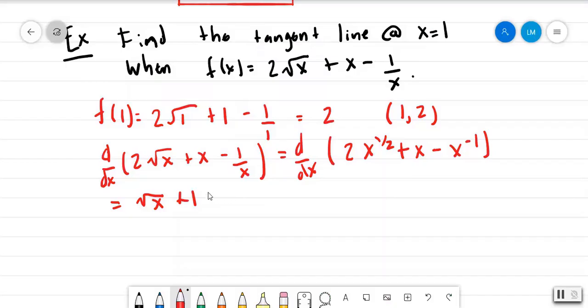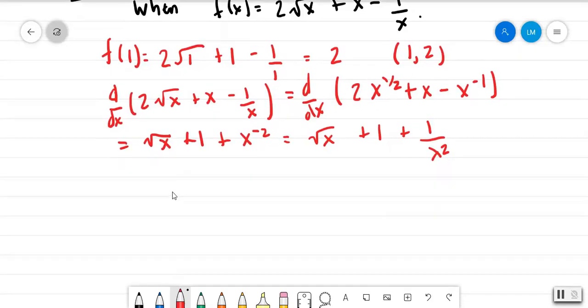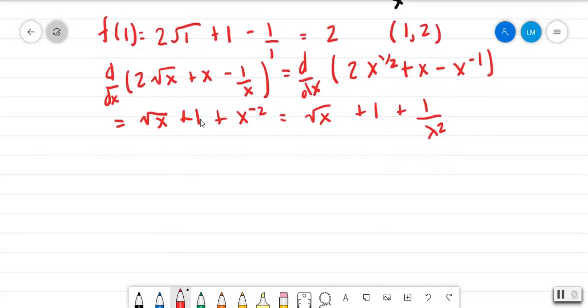And then the first derivative will be plus x to the negative 2. Okay, so this gives me that I end up with the square root of x plus 1 plus 1 over x squared. Now, I need to find the derivative, or the slope of the tangent, for this function.